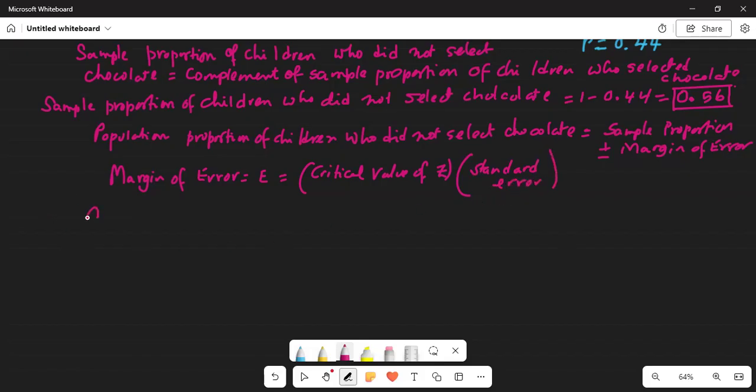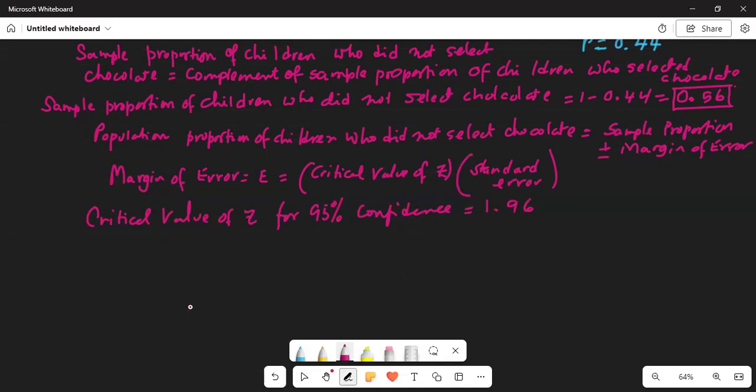Now, the critical value of Z for a 95% confidence interval is 1.96.